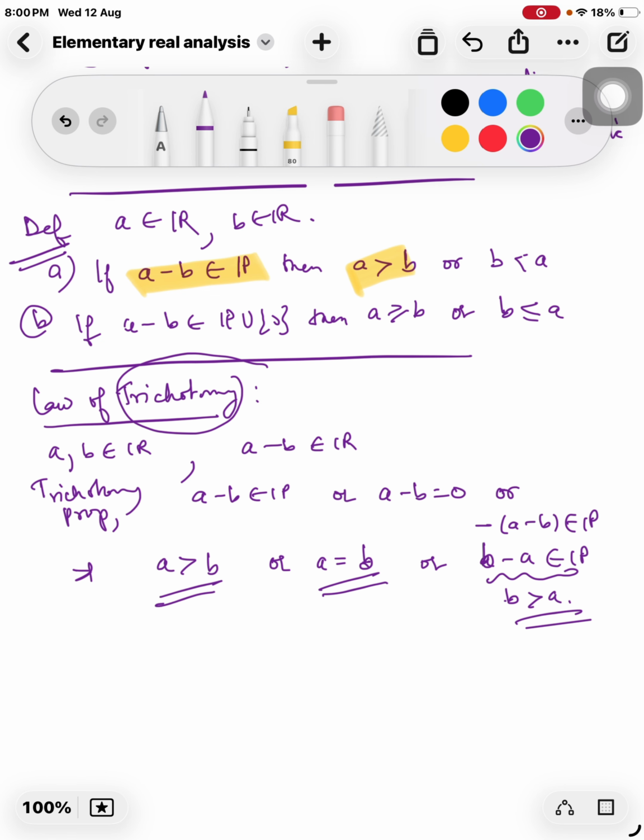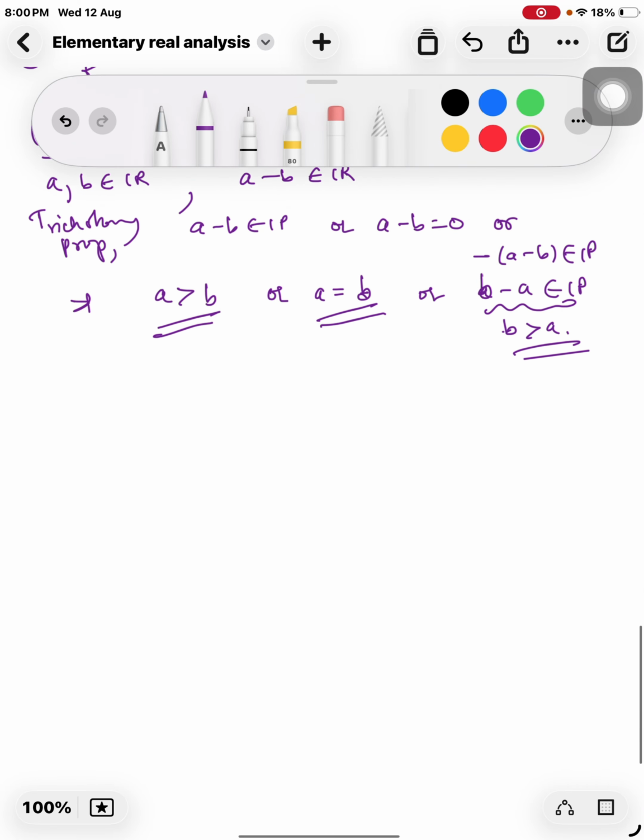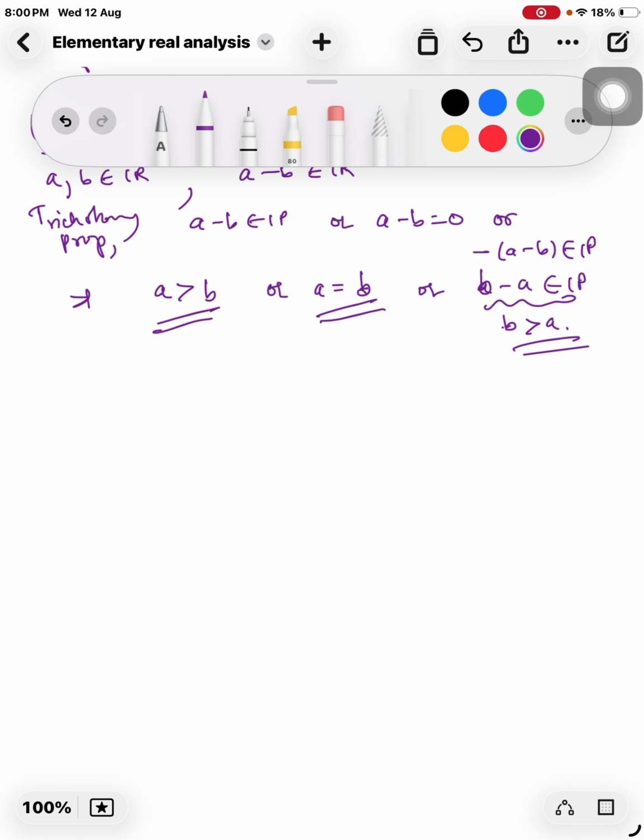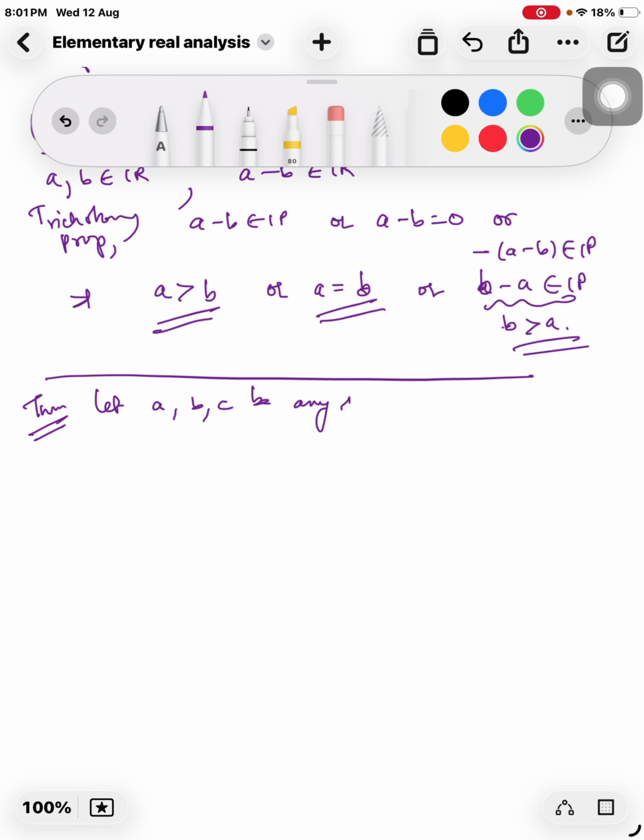So let us do a small result which will give us some powerful tools of order properties. The result that I am going to talk about here is that suppose you have three real numbers, and then there are three properties that we will prove.